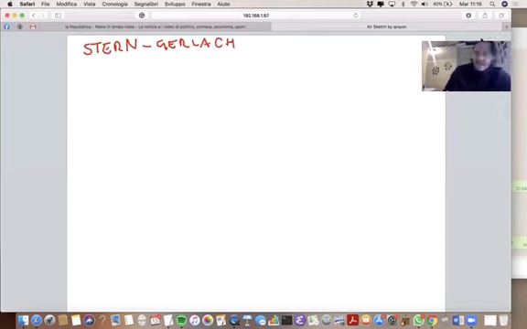So what is a Stern-Gerlach experiment? Well, it's again the experiment you have when you have a gun, and this gun is emitting atoms or electrons. The important thing is that the particle this gun is emitting must be equipped with a magnetic moment. How do I know a particle has a magnetic moment?